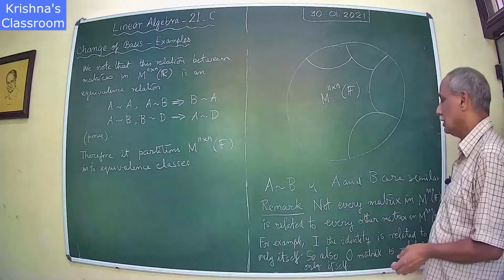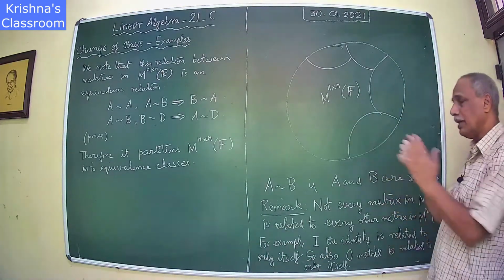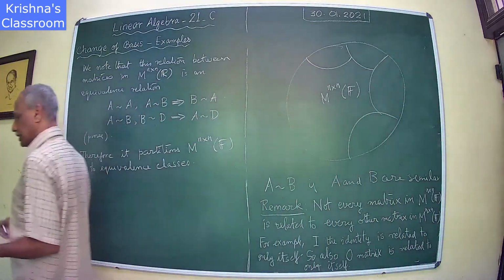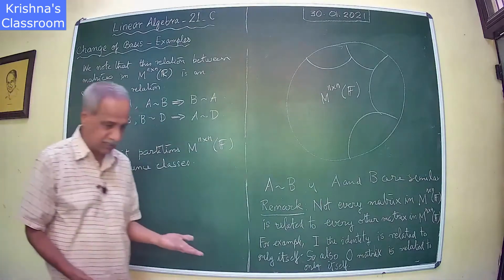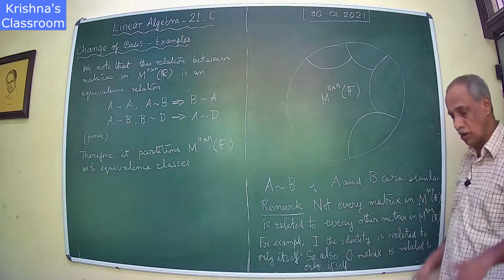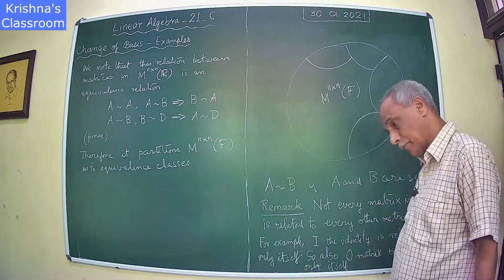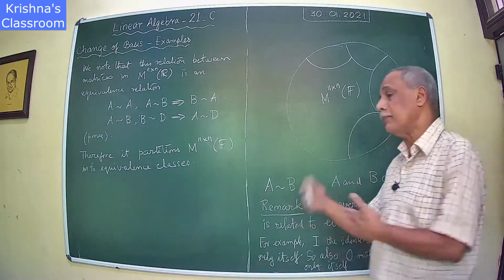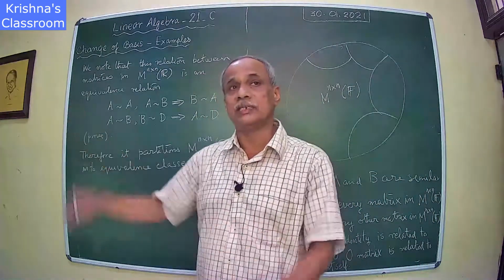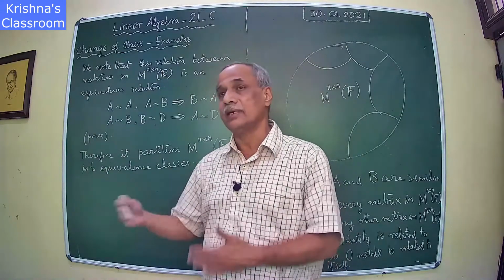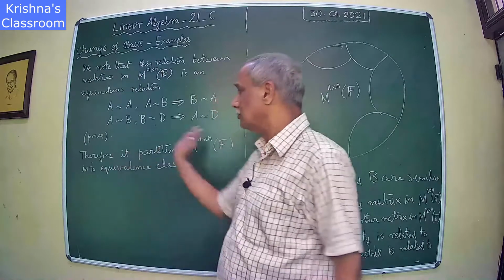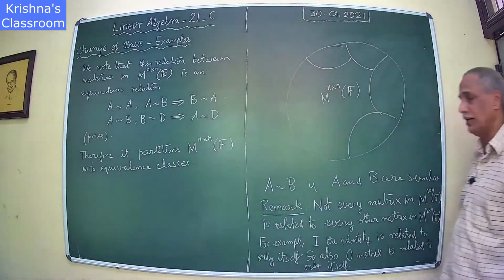Okay. So in short, what we have proved is that if you take a bounded linear transformation, or just a linear transformation on V, so we are talking about finite dimensional spaces, it has several matrix representations, and the relation between all these matrix representations is that they are related to one another in the sense of this equivalence relation that we have defined.